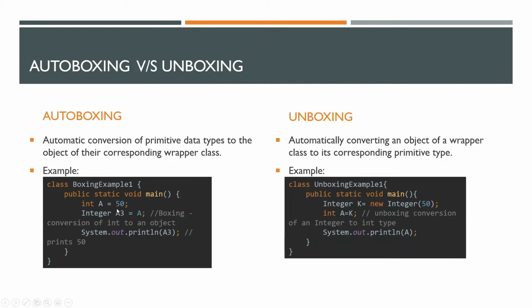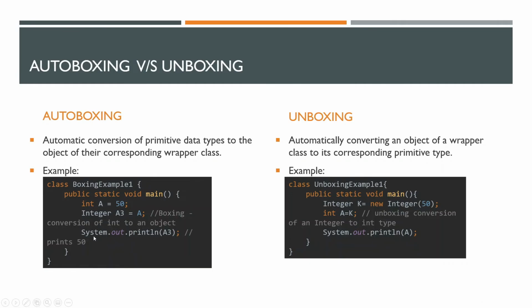In the first example, we have created a variable int a is equal to 50, which is of primitive data type. And then we have created a wrapper class object, Integer a3 is equal to a, which is basically autoboxing the value of a into an object form.